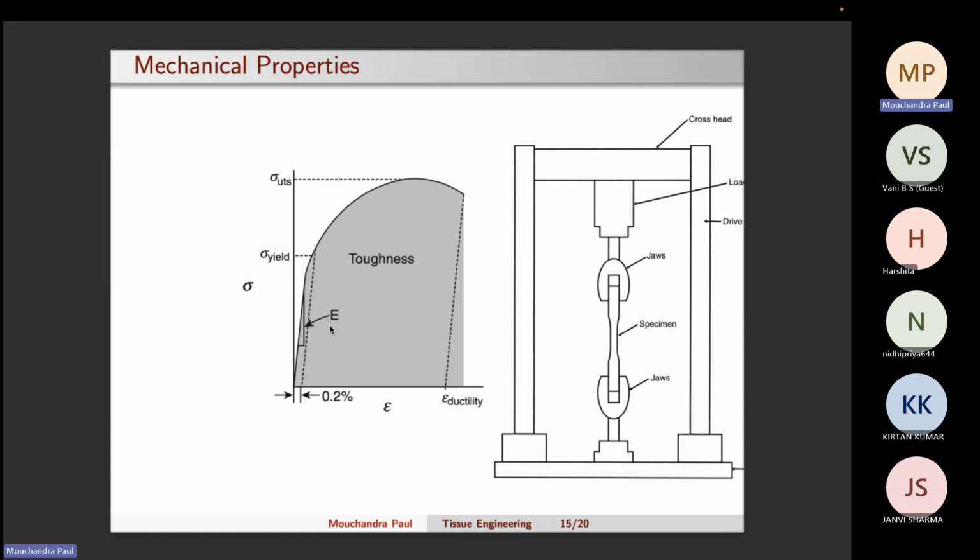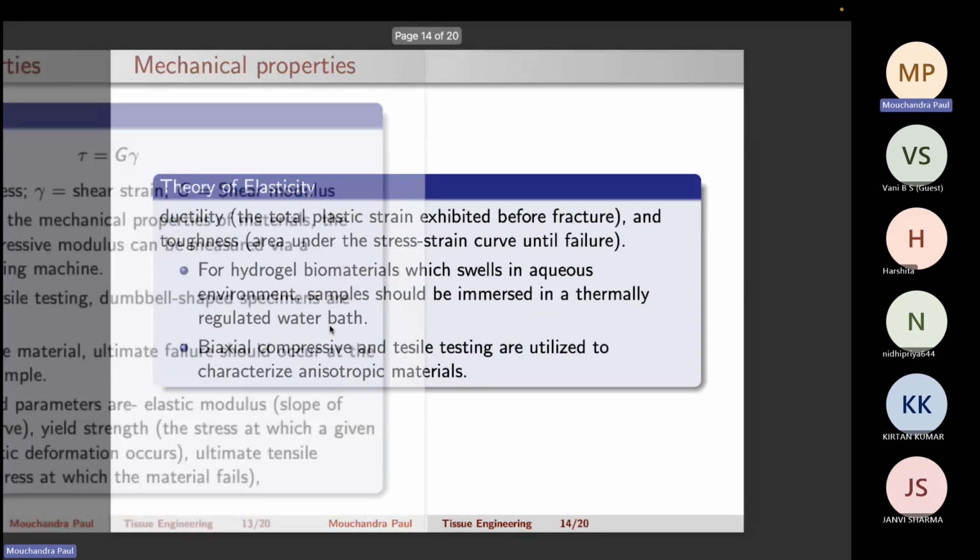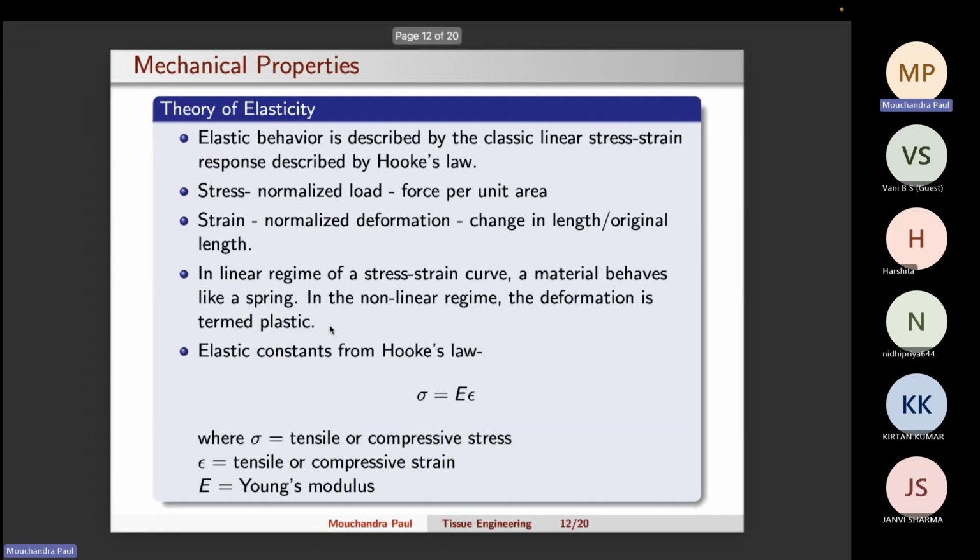That is the value of Young's modulus. And Young's modulus is basically intrinsic to a material type. So when you are comparing various types of materials, say a metal or a polymer, we compare the value of the Young's modulus, and from that value, we say if this material is very hard or if this material is very soft, etc.